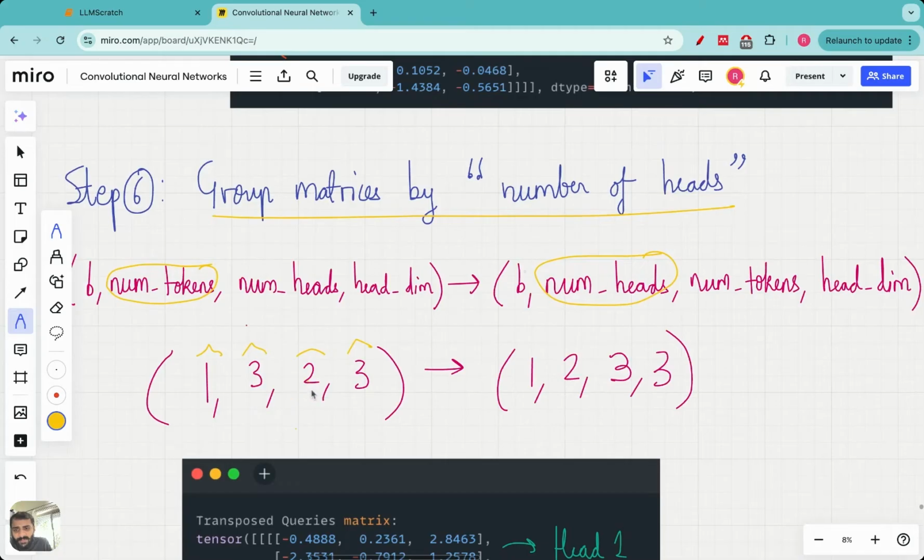Yeah, I want to switch this 2 with 3, and this 3 should come over here. So I want the matrices to have the dimensions of b comma number of heads comma number of tokens and head dimension. So I want the dimensions to be 1 comma 2 comma 3 comma 3.